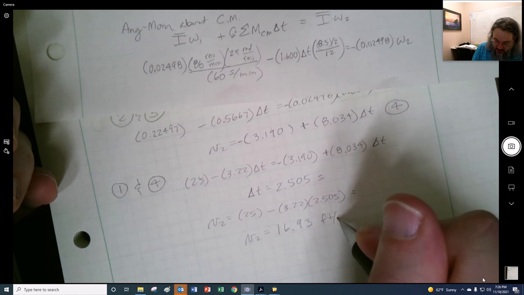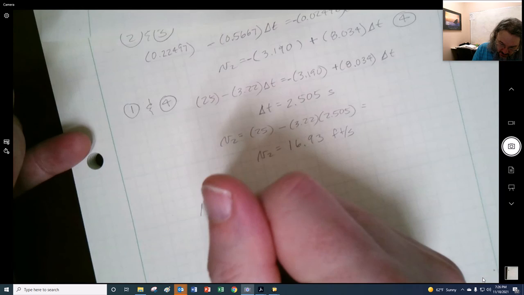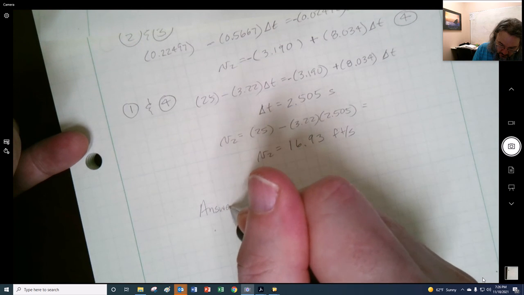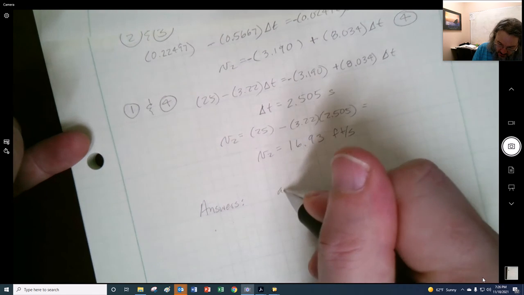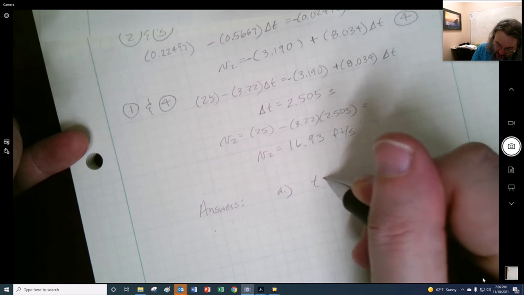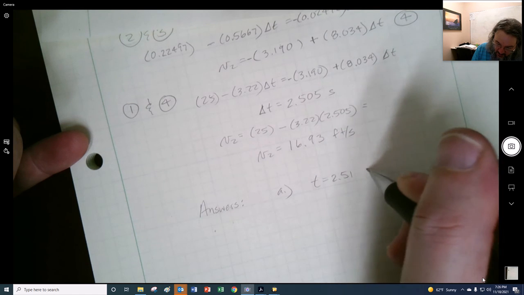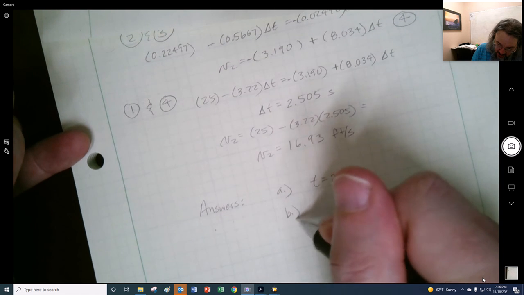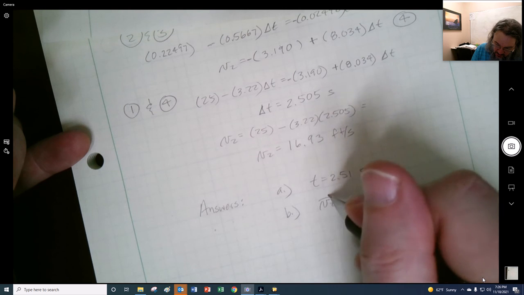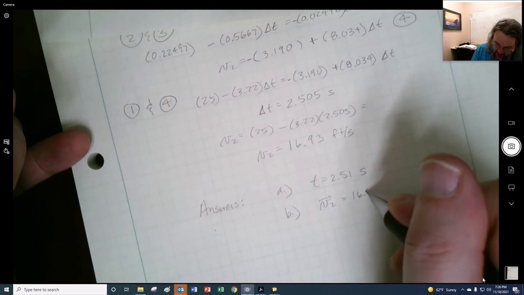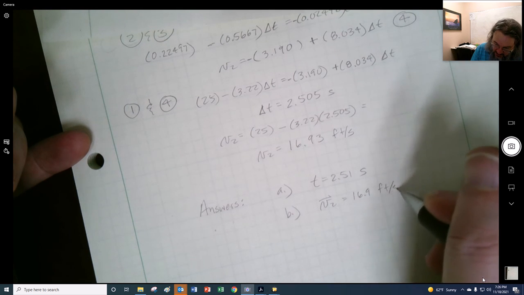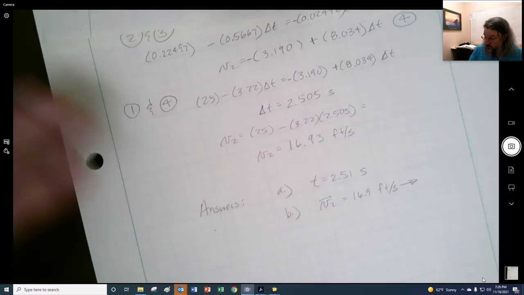These are feet per second. All right, so the answer's A. The time, let's call it 2.51 seconds, and B, velocity 2 is going to be 16.9 feet per second, and going that way, right?